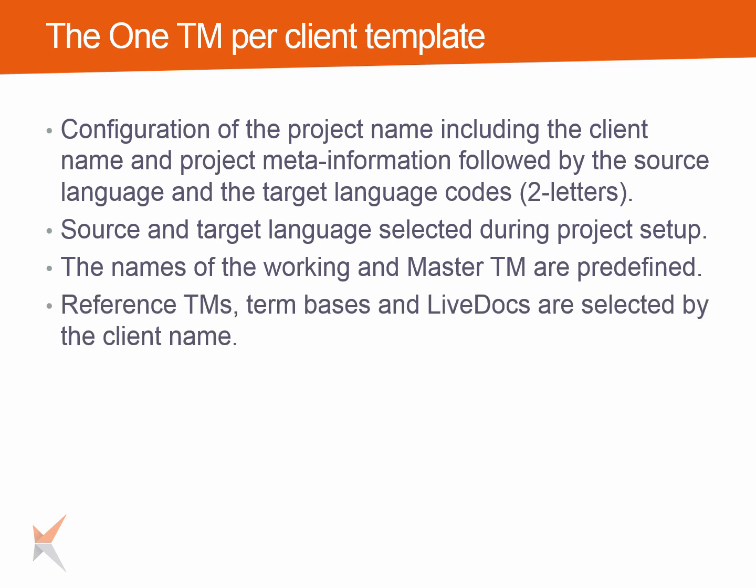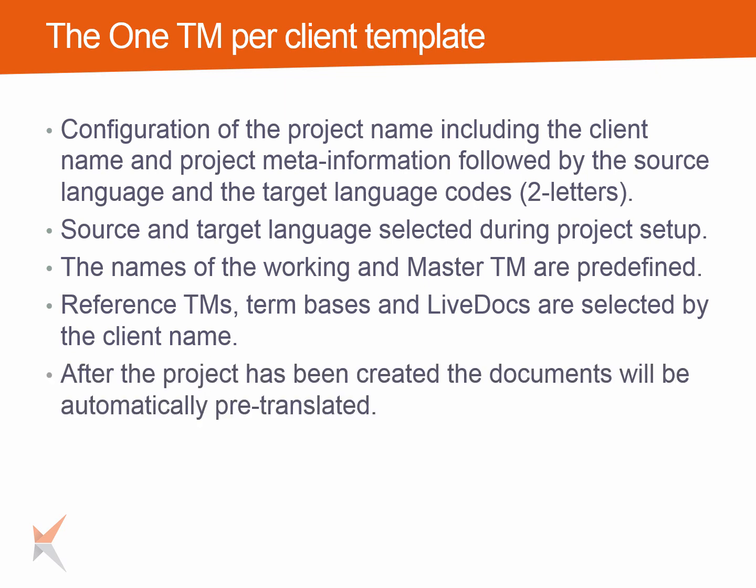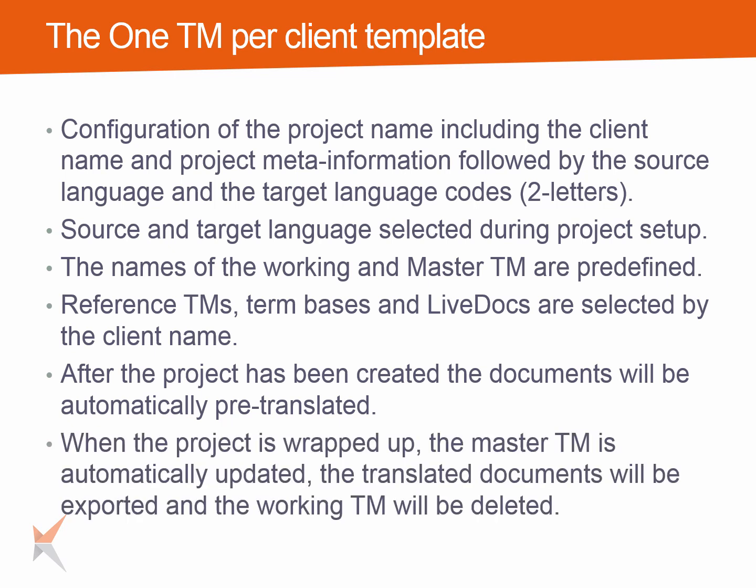Reference TMs, term bases, and live docs are selected by the client name. After the project has been created, the documents will be automatically pre-translated. When the project is wrapped up, that means finalized, the master TM is automatically updated. The translated documents will be exported and the working TM will be deleted.